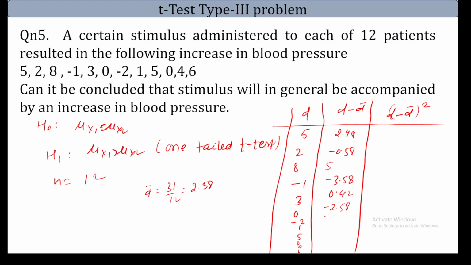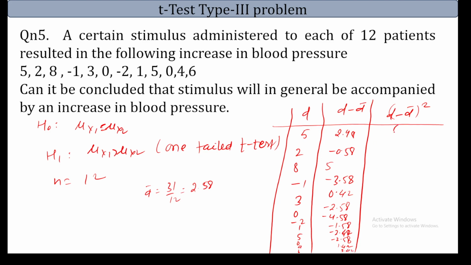2.58, minus 4.58, minus 1.58, minus 2.58, 2.42, minus 2.58, 1.42, then last 3.42.